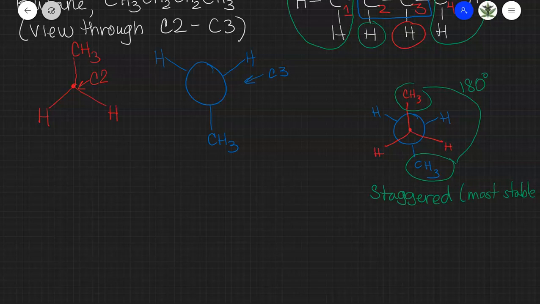So this conformation where you see the two methyl groups on opposite sides of each other is called anti. So this particular staggered is anti, and out of all of the staggered conformations, it is the most stable. So we are going to call this structure number 1.